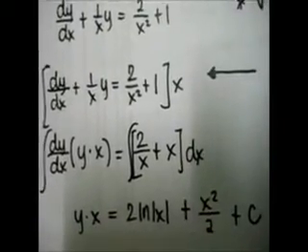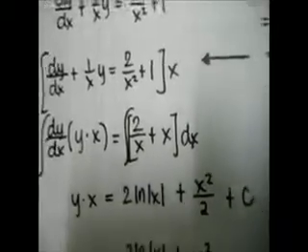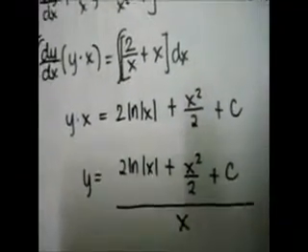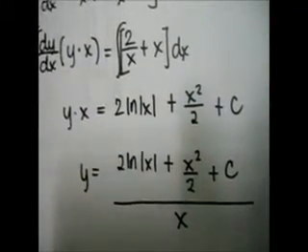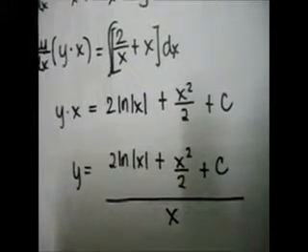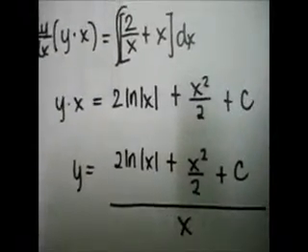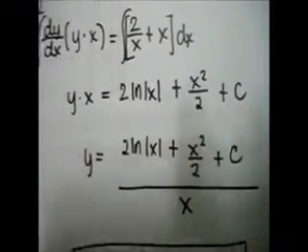So dividing both sides by x, we arrive at this: y is equal to 2 ln of x plus x squared over 2 plus c, all over x. So there are two types of answer here.